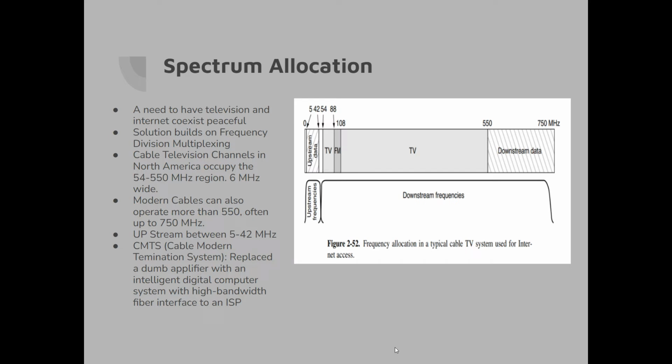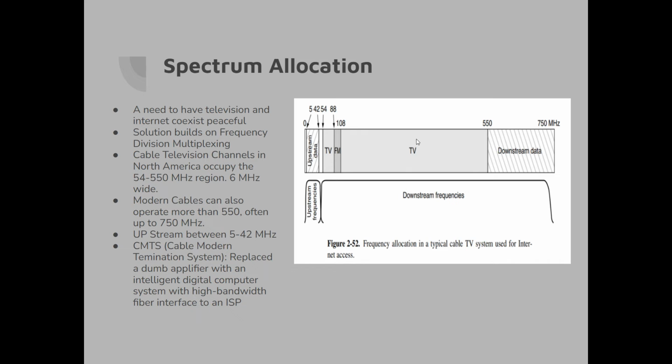With television, it's all downstream frequencies. In North America, the way everything was set up is that usually in the beginning of the spectrum, between 5 and 42 megahertz, you have your upstream data. And then from 54 megahertz to 550 megahertz, this was used for the television frequencies.